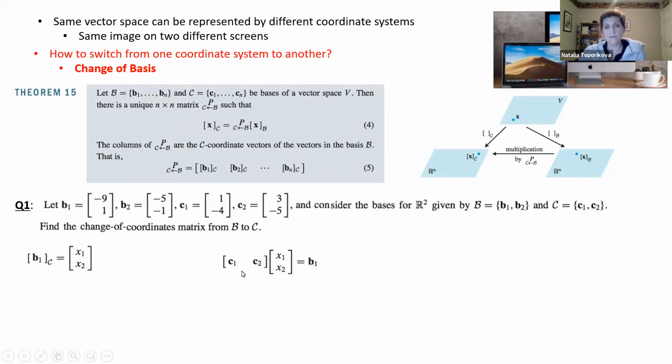And by the definition of the basis, we know that B1 is just a linear combination of our basis vectors of C, C1 and C2.